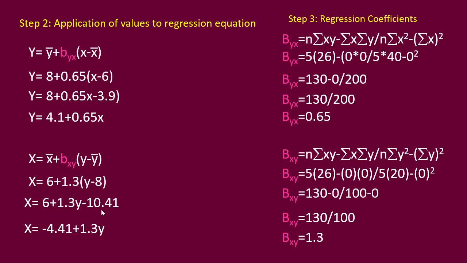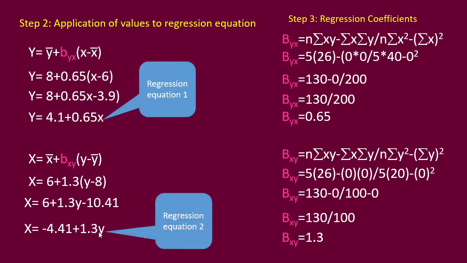So here we have two numbers plus 6 and minus 10.4. So 10.4 minus 6 it's 4.4. The bigger number is 10.4, so the sign of the bigger number is minus. So I'll keep minus here. So minus 4.4 and 1.3y as it is. So now we have two regression equations. The first one y equals 4.1 plus 0.65x and another one here x equals minus 4.4 plus 1.3y.